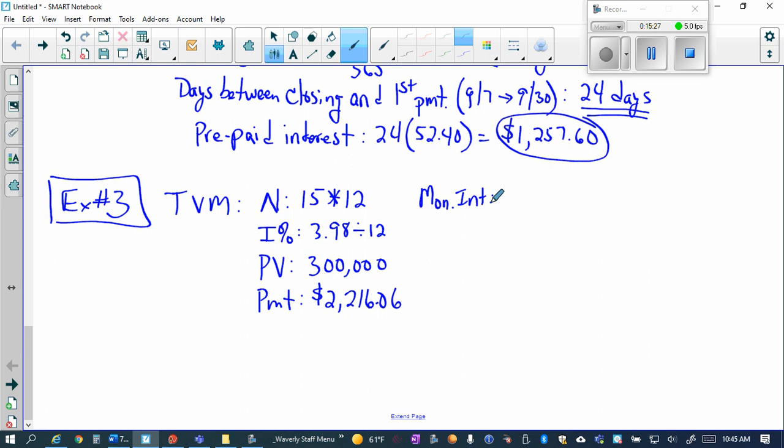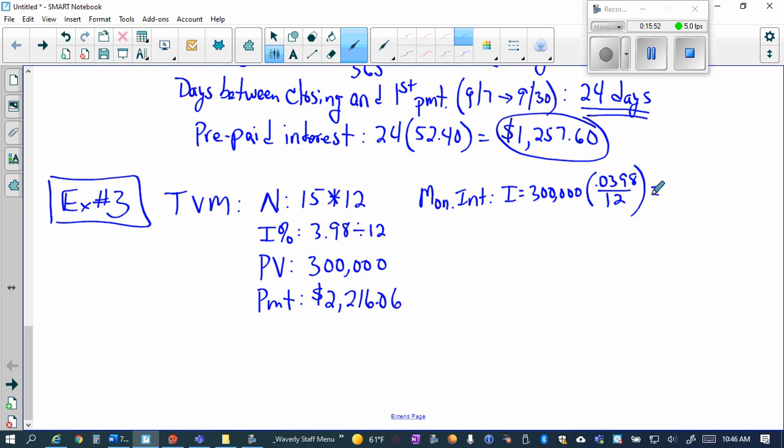So, and we can just use simple interest, right? So we can use interest equals principal, 300,000, times, now it's our APR, but we need that monthly. We've got to divide it by 12. So 0.0398 divided by 12.